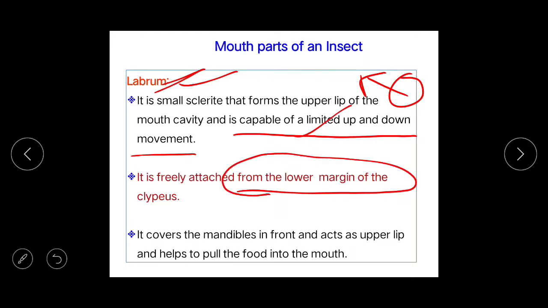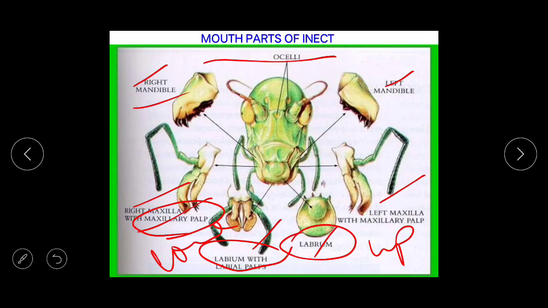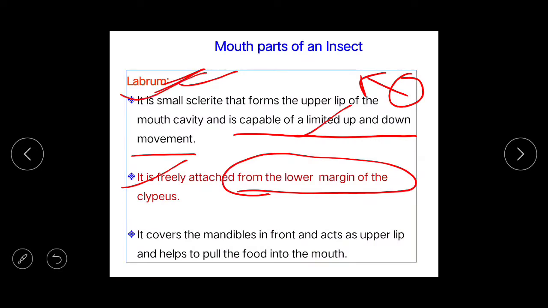So already we have discussed this part in the structure of the head. Then it covers the mandibles in front and acts as an upper lip. So this is the mandible part. The mandible is covered by the labrum, and the labrum acts as an upper lip, and also helps to pull the food into the mouth. So these are the functions of the labrum.